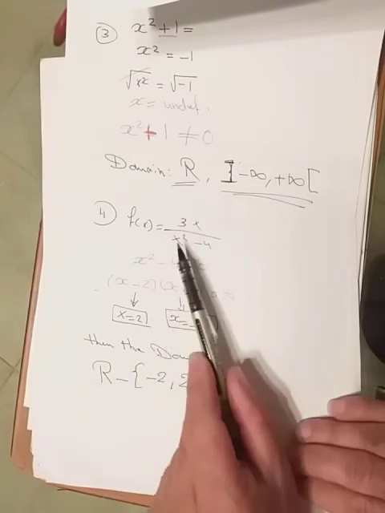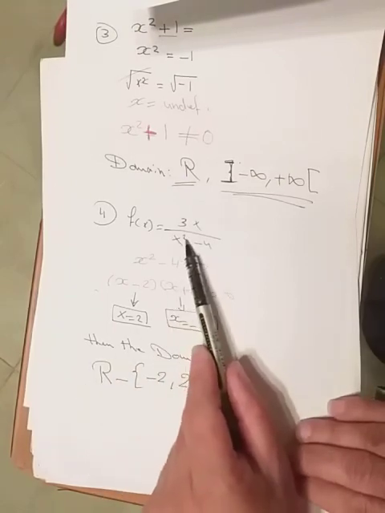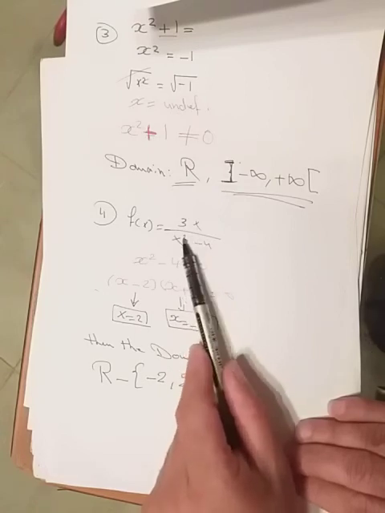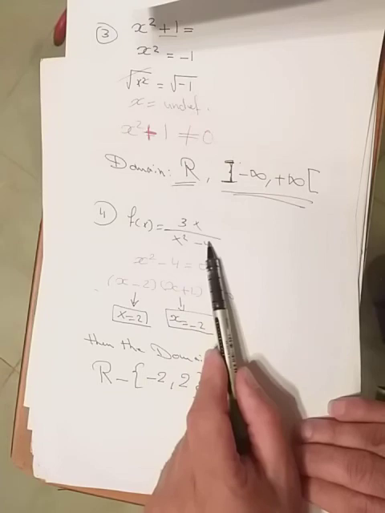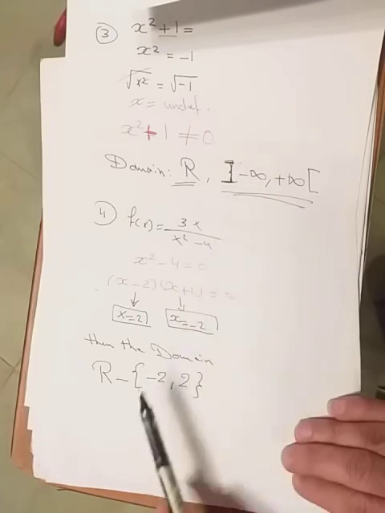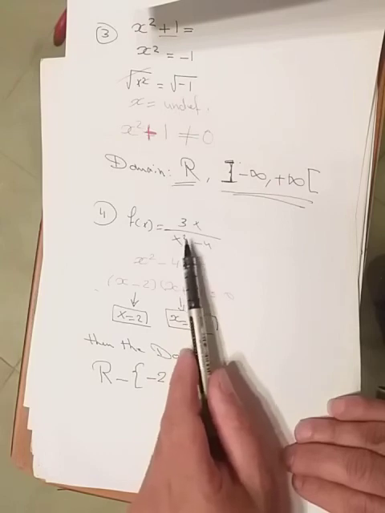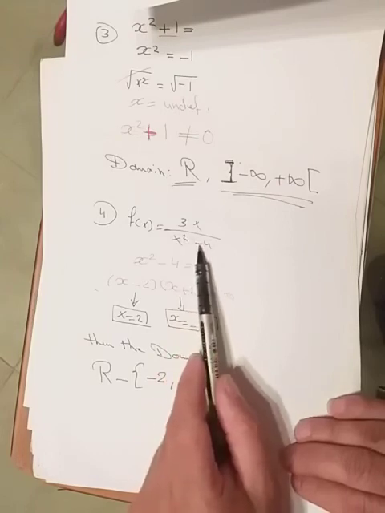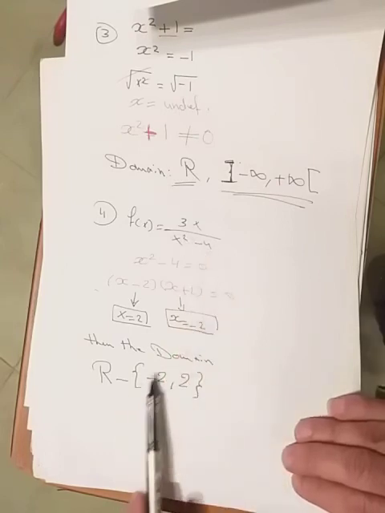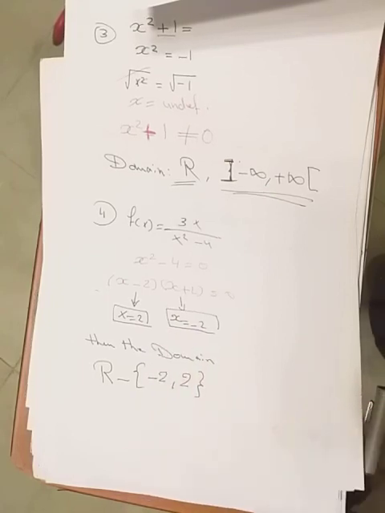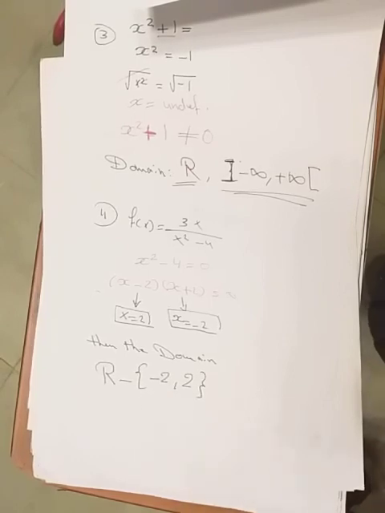If we replace x with 2, 2 squared is 4, minus 4 is 0, undefined. If we replace x with minus 2, the square is 4, minus 4 is 0. So the domain of this function is all real numbers except minus 2 and 2.